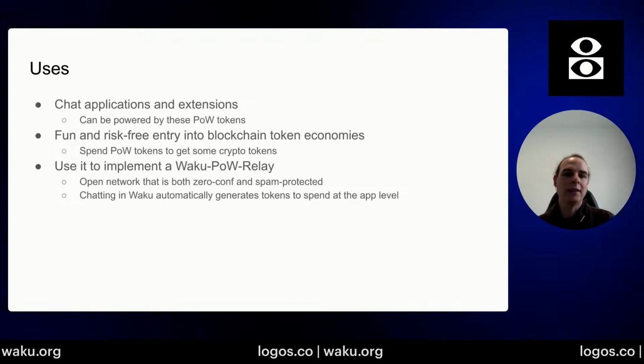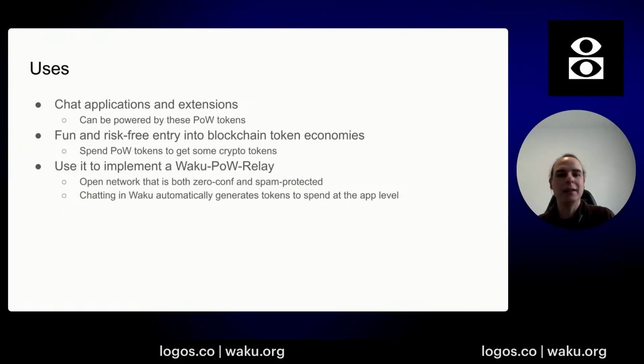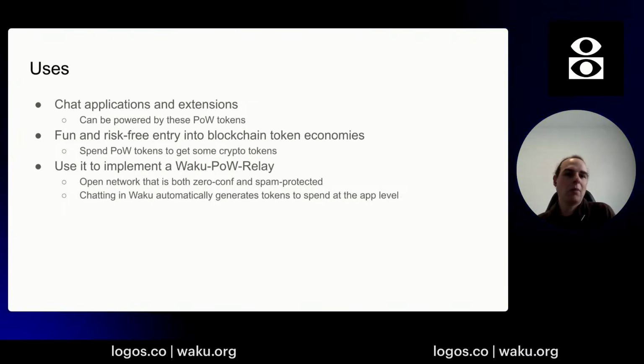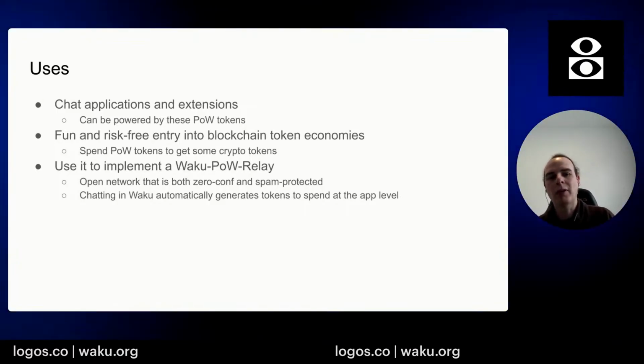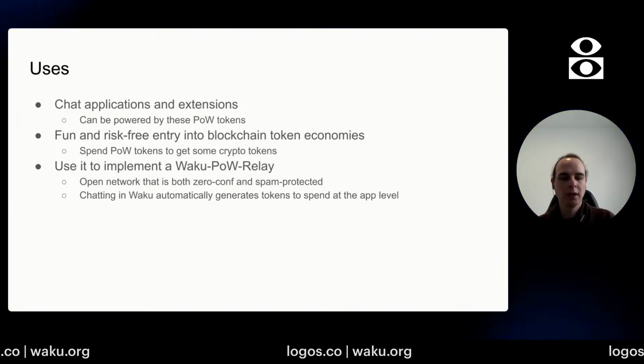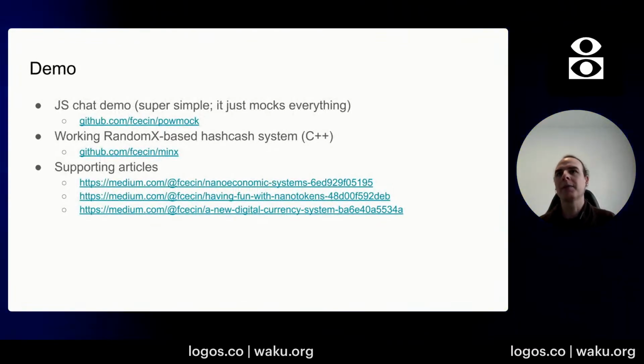And if you do that, you don't need an application level command to mine. You just chat and you're automatically getting tokens, because to send messages at the relay level, you're already wrapping it with a proof of work encapsulation, right?